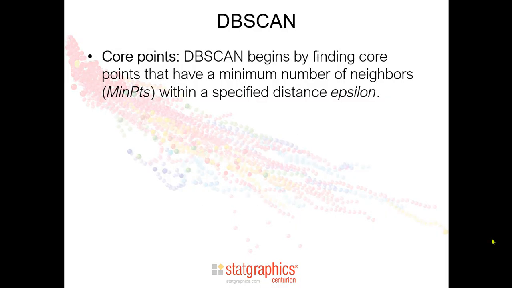DBSCAN begins by looking for core points. Core points are points that have a minimum number of neighbors, we'll call that min points, within a specified distance epsilon. These points form the core of the clusters. As we'll see, min points and epsilon are set by the user and can be used to tune how the clusters are identified.